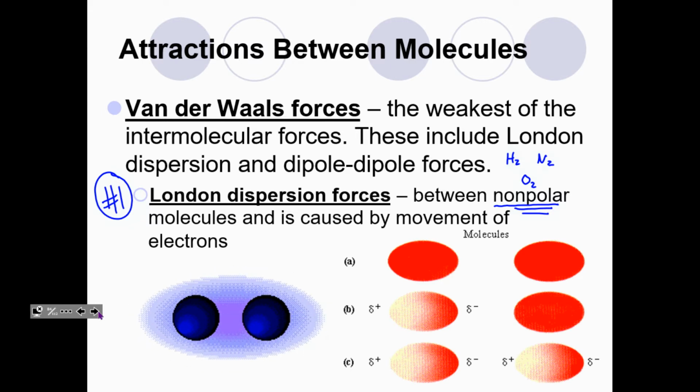London dispersion, nonpolar molecules have equal sharing of electrons. But every now and then when they run into each other, they briefly displace their electrons, so that for just a little bit we get a partial positive and a partial negative charge. And when that happens, we get very small interactions between these molecules, which we call London dispersion forces.